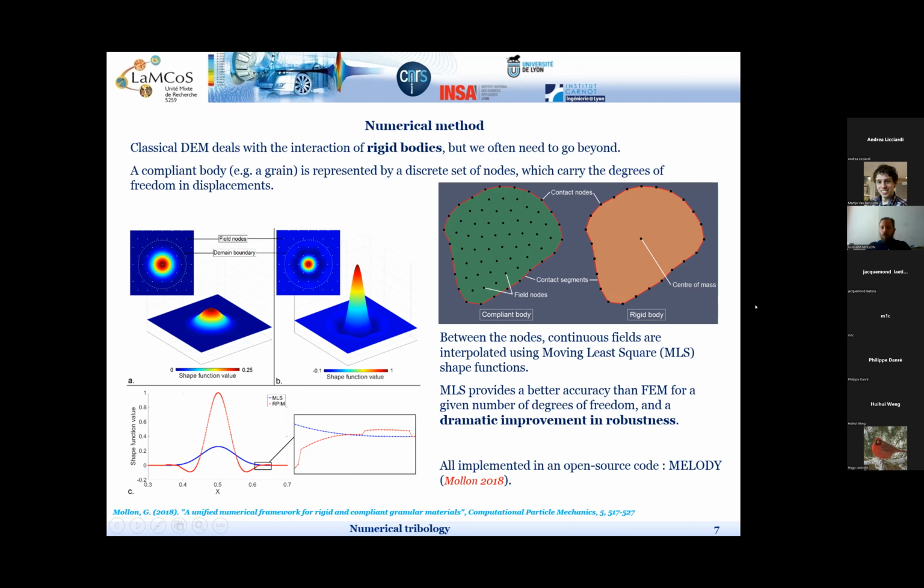I won't go too deep into the math of this, but it's a bit like a finite element method on each grain, except that we are using some shape functions which are a bit different, which are mesh-free within each grain. So this gives the grains a lot of robustness in the case of large deformations. And you will see that this is very useful in what's coming.